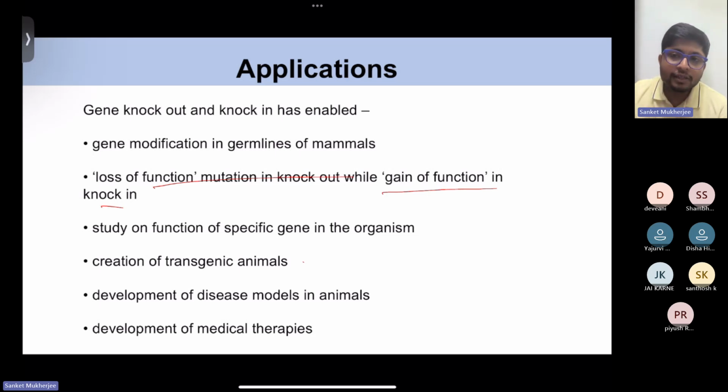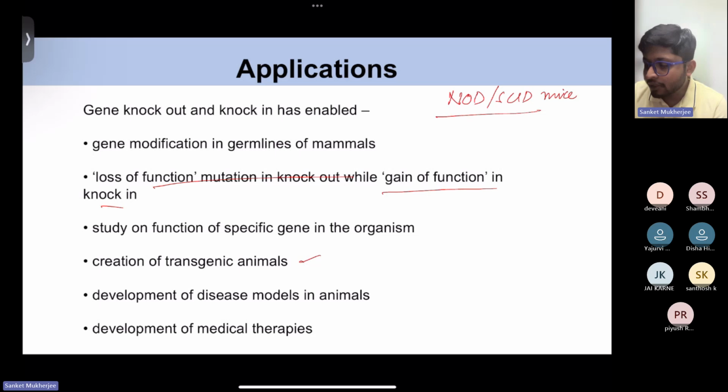Disease models are created. You might have heard about NOD/SCID mice, which are routinely used. These are mice models which are immunodeficient. So these kinds of mice models are created using gene knockout or knock-ins, right? Several medical therapies could be a potential application of gene knock-in knockout.